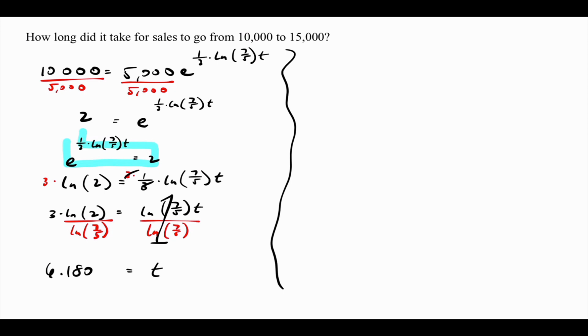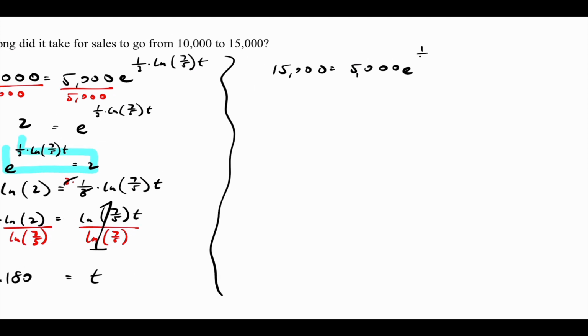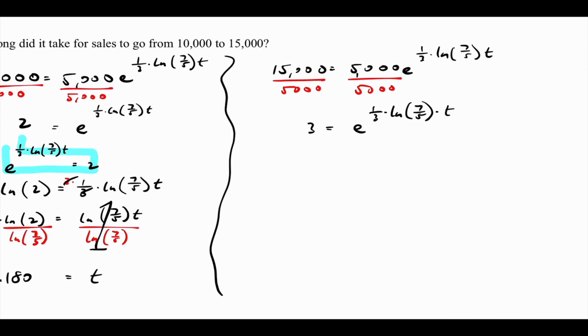Okay, so we have 15,000 units equals 5,000 units times e to the 1/3 times the natural log of 7/5 times t. Divide by 5,000. You get 3 equals e to the 1/3 natural log 7 over 5 times t.